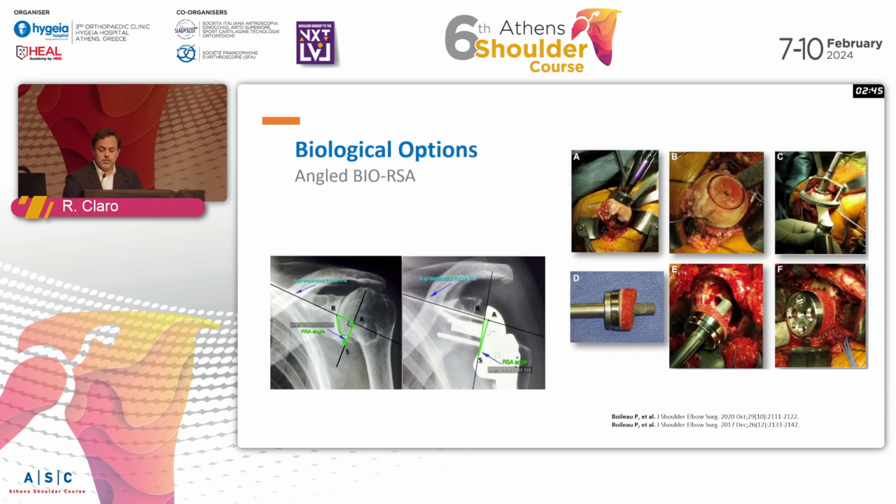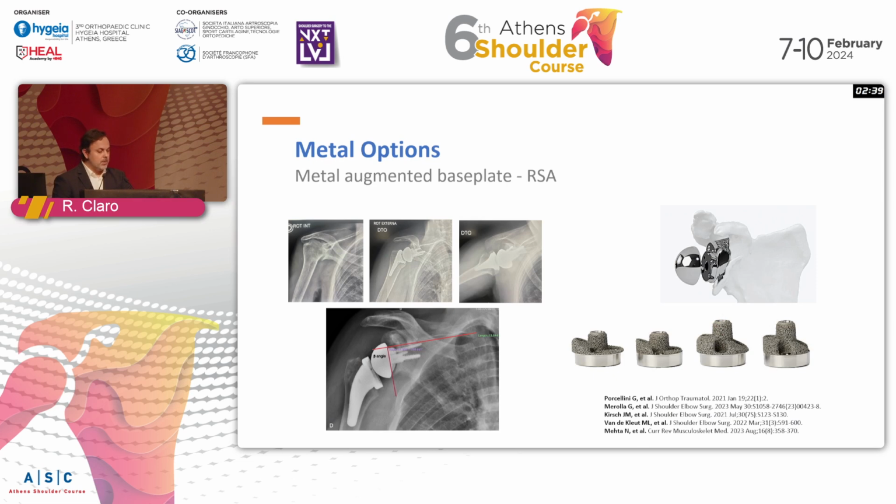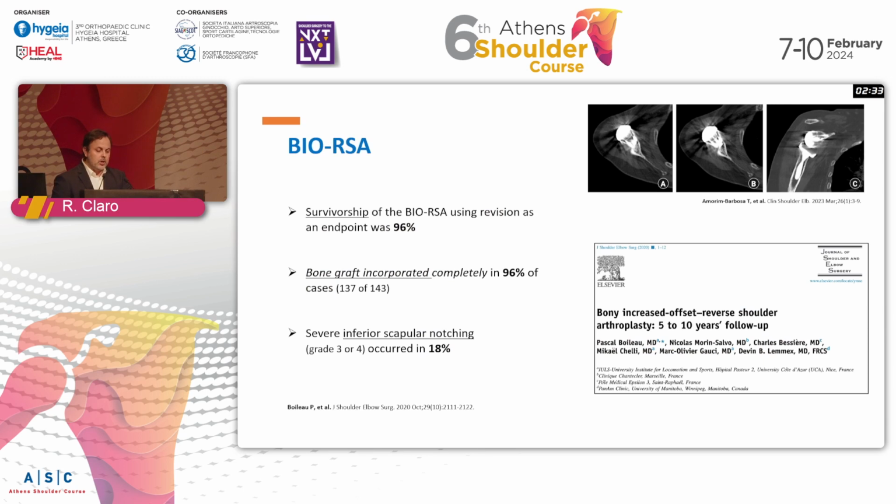We can use bone, like Pascal Boileau told us, angled RSA. We can use metal options like metal augmented baseplates, full wedge, half wedge. And when we look at the papers for BRSA, the survivorship can be 96% with a graft incorporation of 96% and less scapular notching, like 80%.